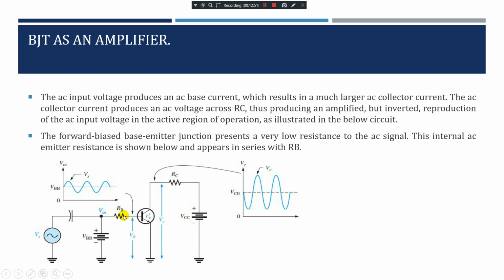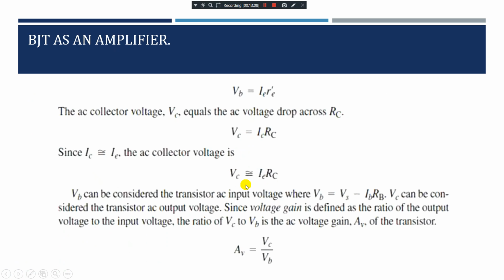The reason is IB is very less, which is negligible. Because it is negligible, IC is equal to IE, not IB. So here we are going to replace IC with IE. So VC is equal to IE into RC.